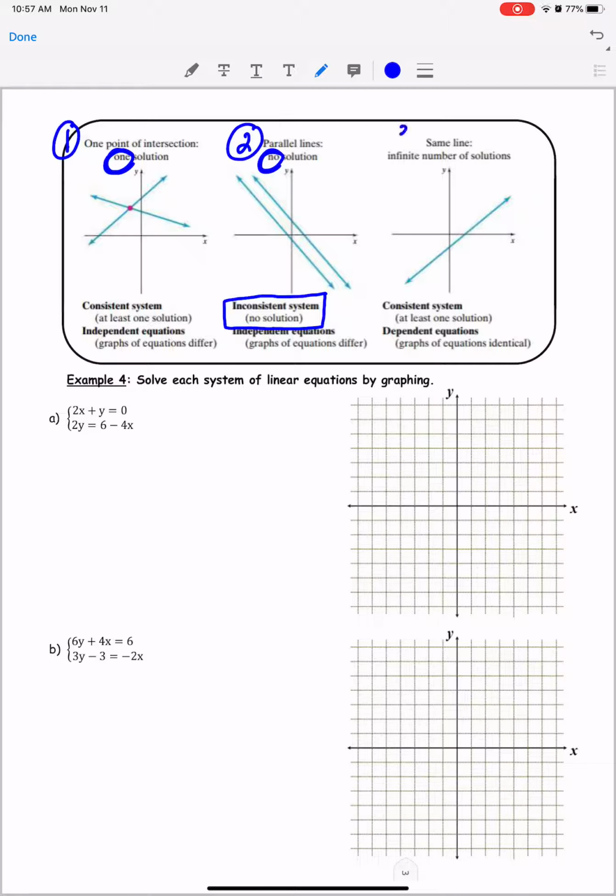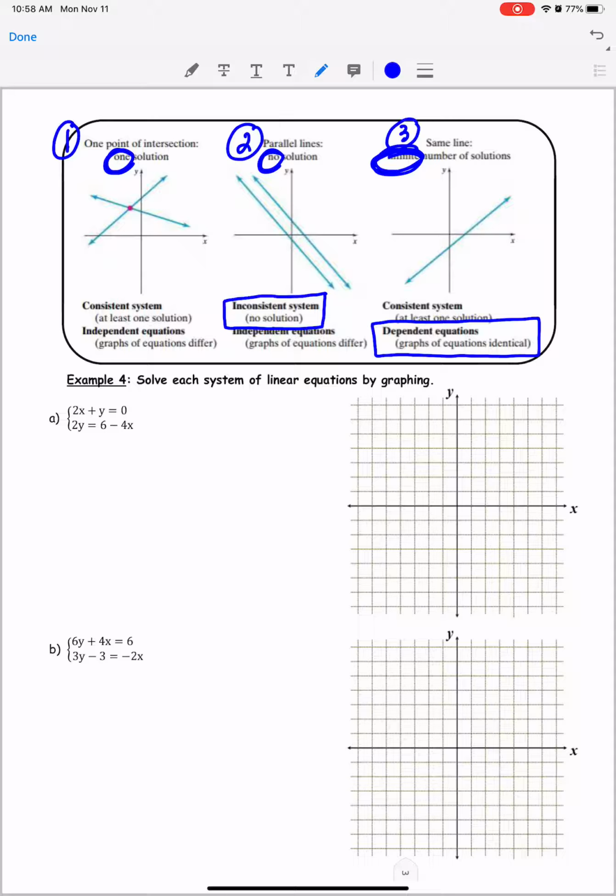The third thing that can happen is that you have an infinite number of solutions. Because I have an infinite amount, because it is at least one, it is consistent. But now you have the same line directly on the same line, so now this is considered a dependent equation because you don't have different lines.